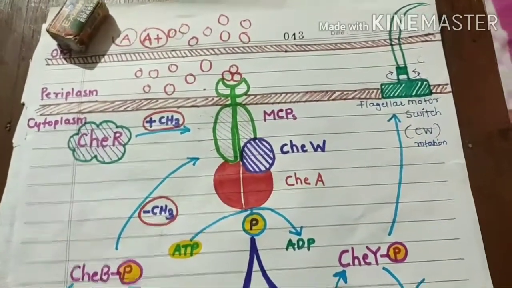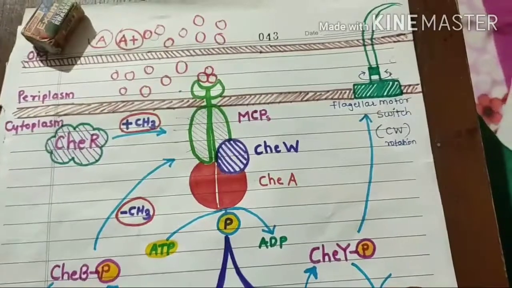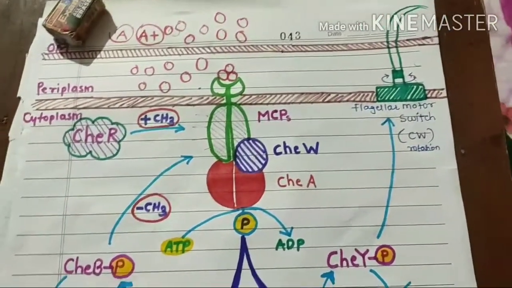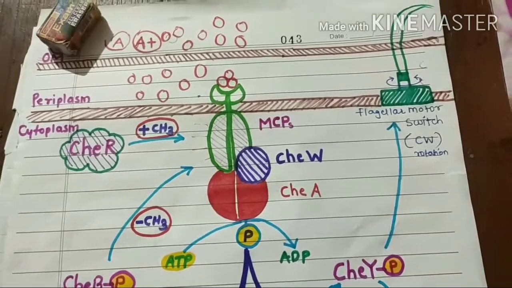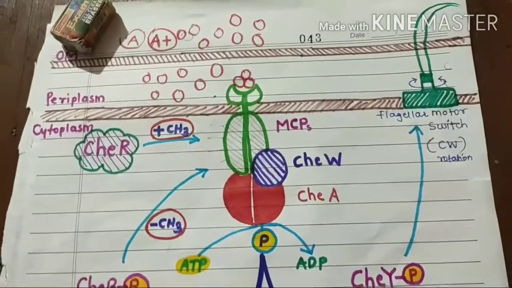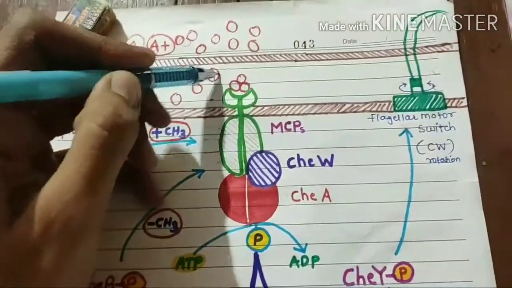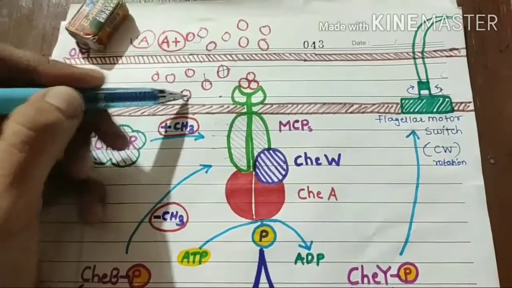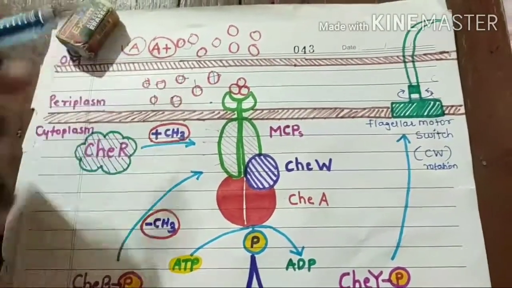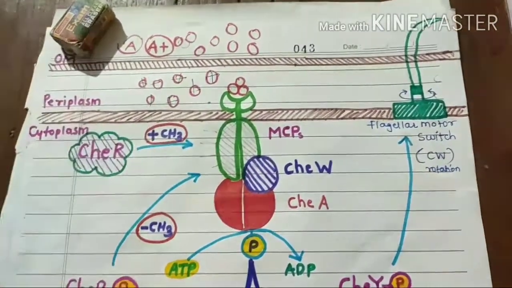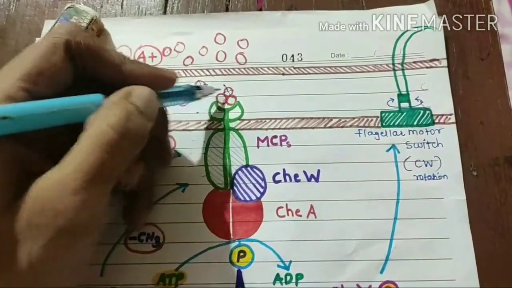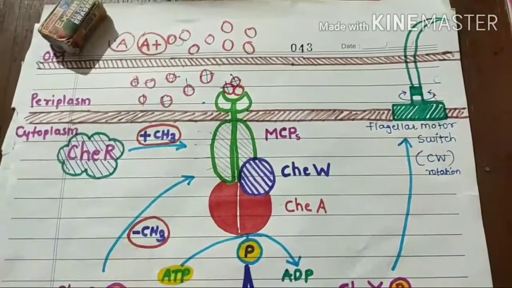So let's see what happens if the cell tumbles and moves in a direction where there is no attractant or very little concentration of attractant. So suppose these attractants are not there, because in the environment there will be no attractants, so these will diffuse and there is less and less attractant, okay.